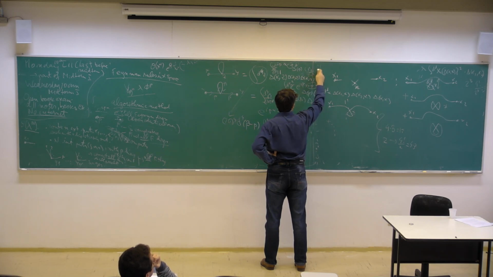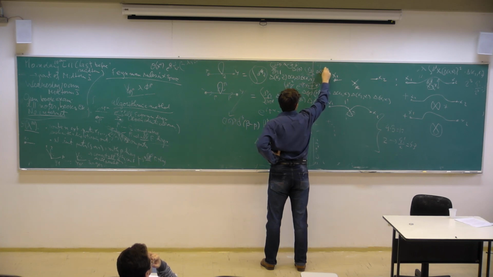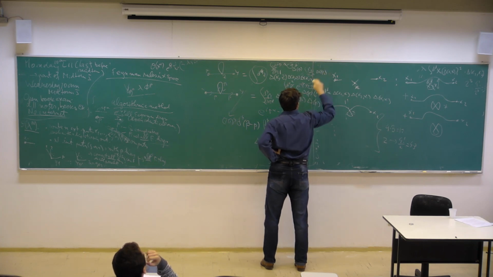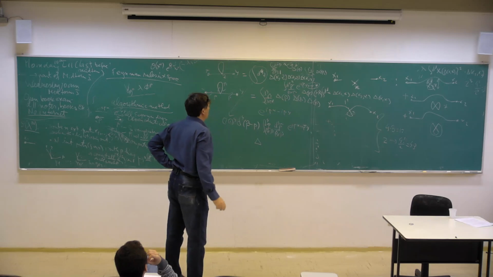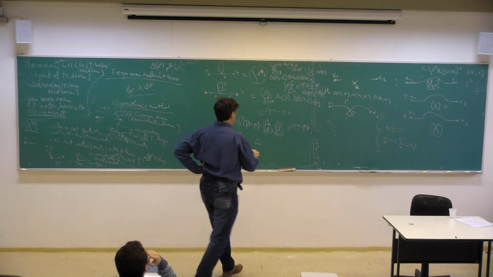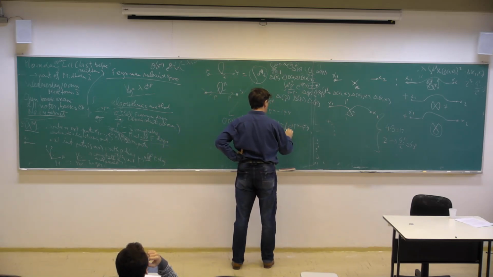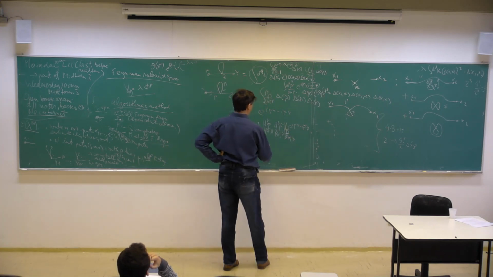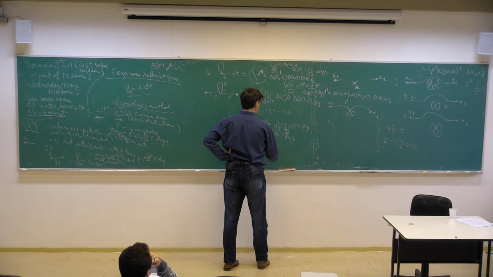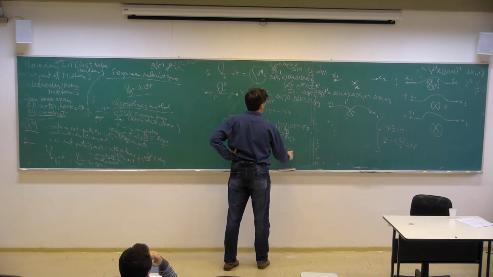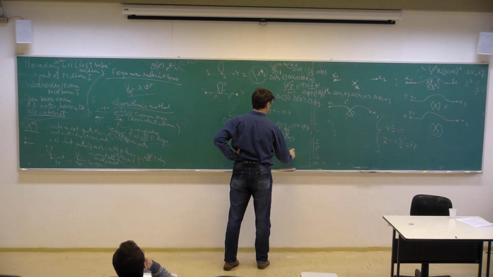So I have z minus z, so one delta of p1, and then delta of p, delta of p1, delta of p tilde.